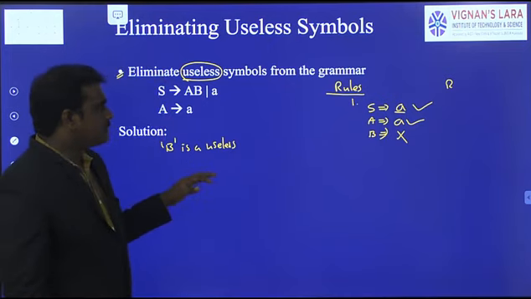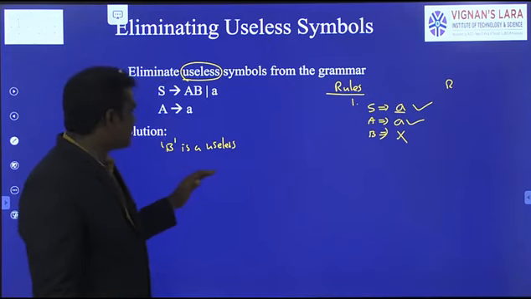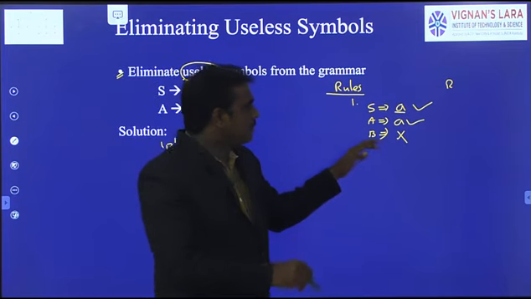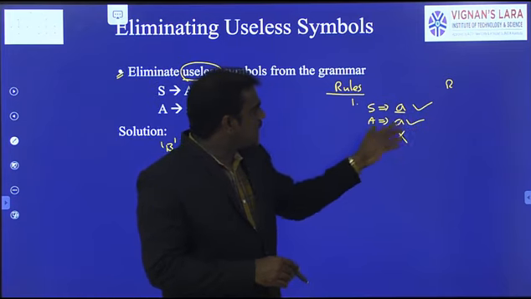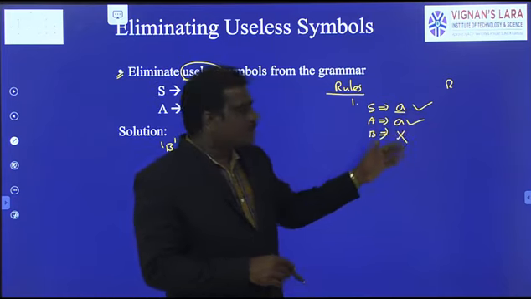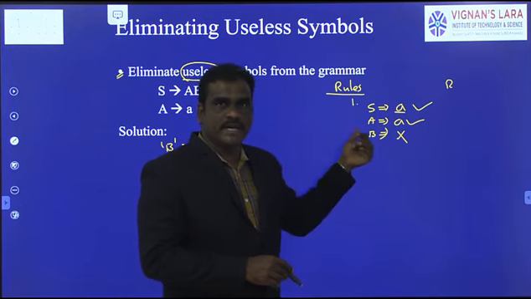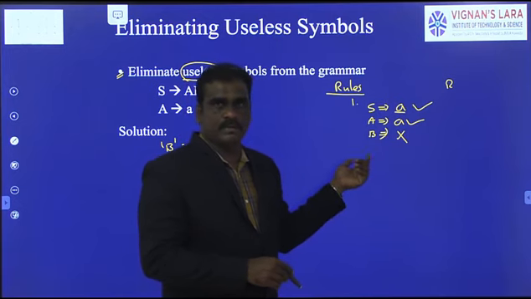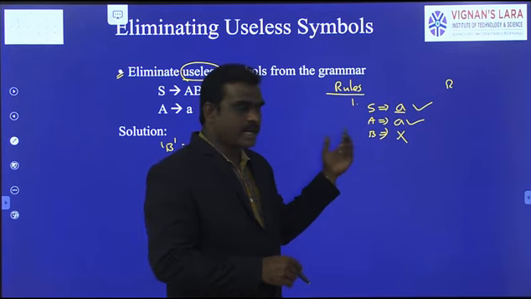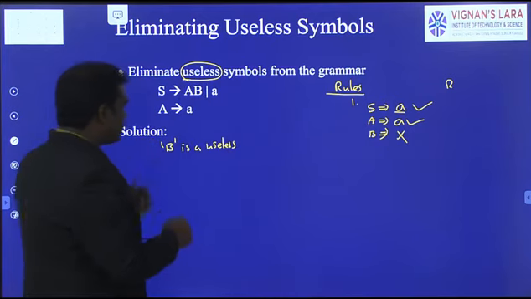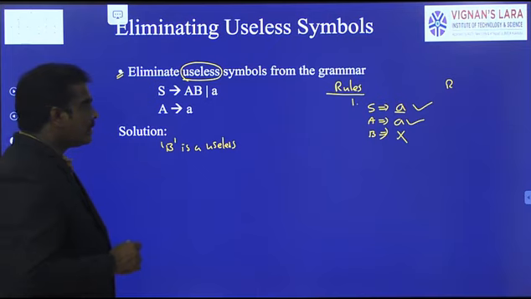So there is no need to go to step 2. In step 1 only we identified one useless symbol, so first we have to eliminate it.